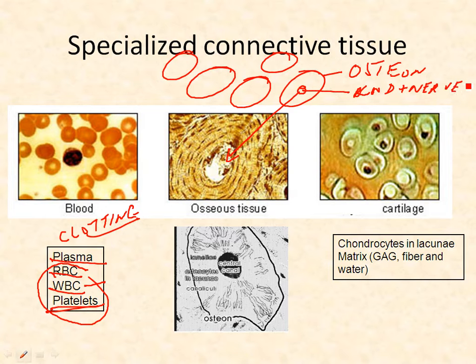Around the central canal, the extracellular matrix, which is a hard rock-like matrix made up of collagen fibers and calcium inorganic salts such as calcium carbonate and calcium phosphate, is deposited in the form of layers called lamellae.